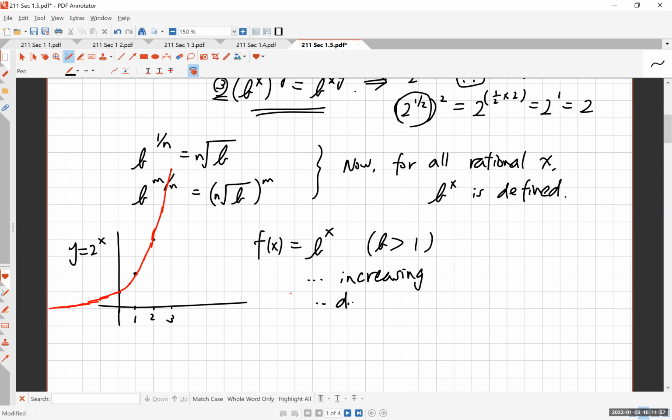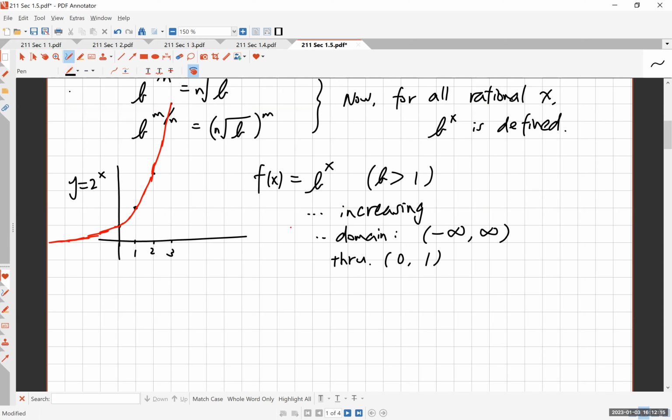What's the domain of the exponential function? All of the reals. And it always goes through the same point, 0, 1. So the y-intercept is always going to be 1 for these functions, always increasing on negative infinity to positive infinity.